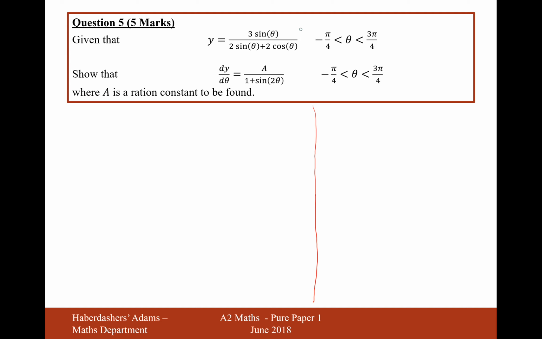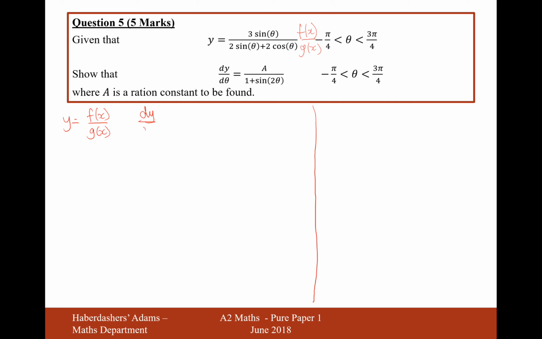We're going to be using the quotient rule here. We have a fraction that we want to differentiate, so we'll write it as f of x over g of x. In the formula booklet there is a formula that tells you how to differentiate fractions.